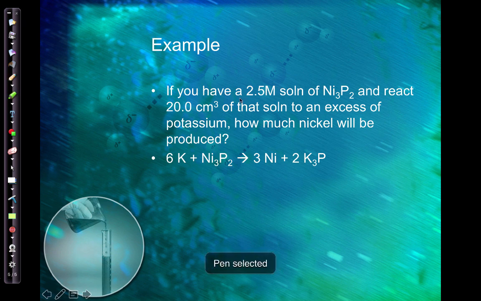We have a molarity, and then we also have the volume of the nickel phosphide. So we are looking at nickel phosphide solution, and then we want to know how much nickel is produced, and more specifically, the number of grams. That should be written in there. That's a typo on my part.